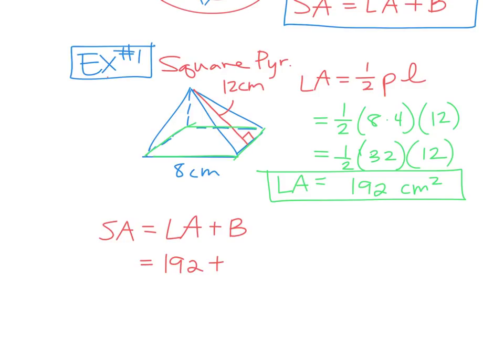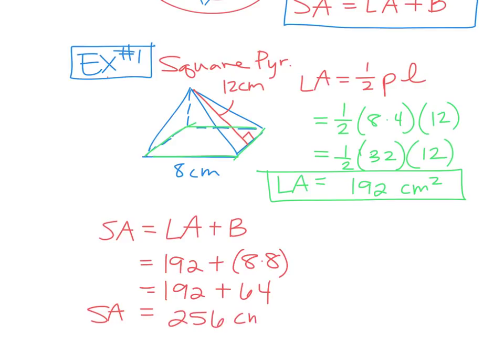So the area of our base is what right now? 64. 8 times 8, right? So you're doing 192 plus 64. So you get a surface area of 256 square centimeters. Okay? Questions on that?